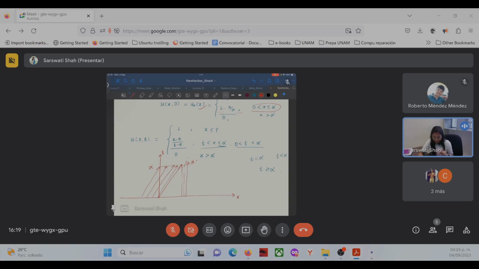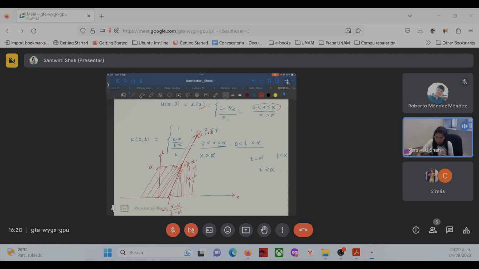Now you can see that this is the solution u equals to 0, and here all the characteristics collapse. This is the solution u equals to x minus alpha over t minus alpha. Now you can see that when this collapses and you draw the graph that passes through alpha comma alpha, the curve x equals a function of t, the curve where it goes.